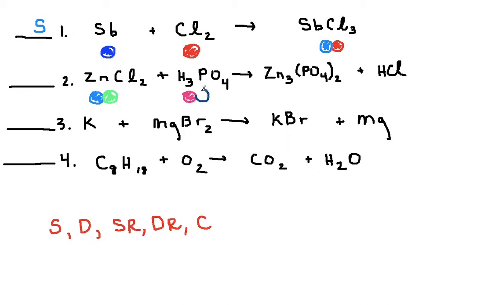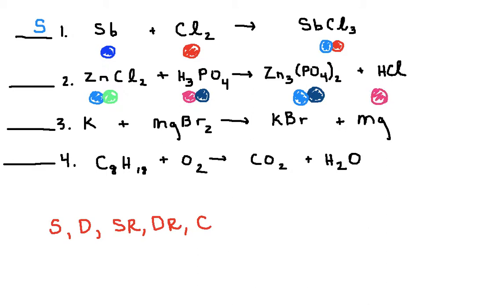And if you notice, what happens is that these guys are going to completely switch partners. So PO4, which is my dark blue circle above, is going to bind to, now I'm not going to be able to find the color, to zinc, which was the lighter blue color. Okay, and now hydrogen, which is my pink, is now going to bind to my Cl, which was my green.